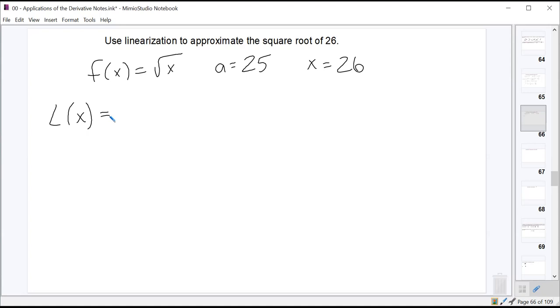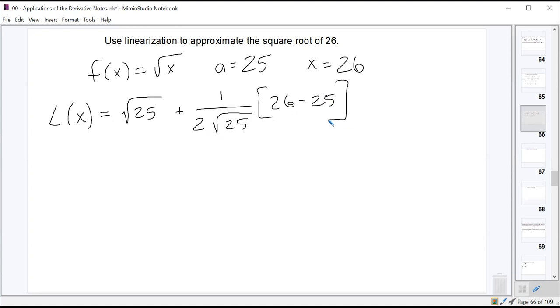So our linearization function here is just going to be, and I'll write out the full actual linearization function this time, the square root of 25, that's radical A, or f of A, plus f prime, which is 1 over 2 square root of x, so 1 over 2 root A in this case, times x minus A. And let's see if we can then evaluate this.